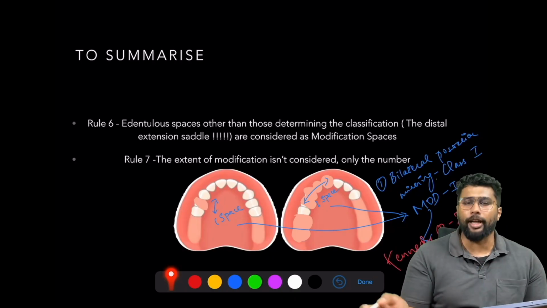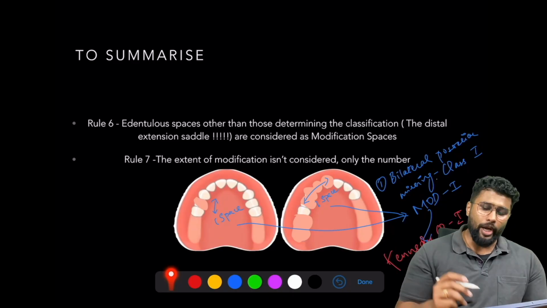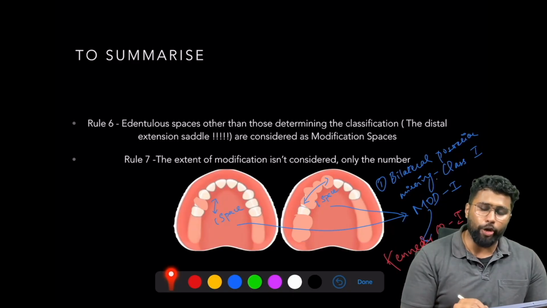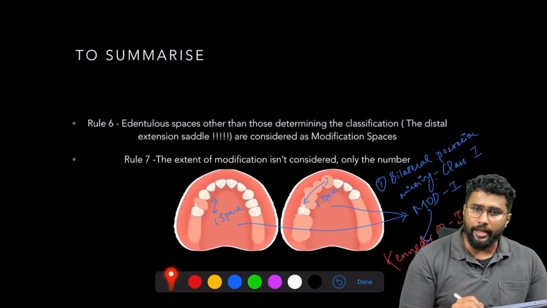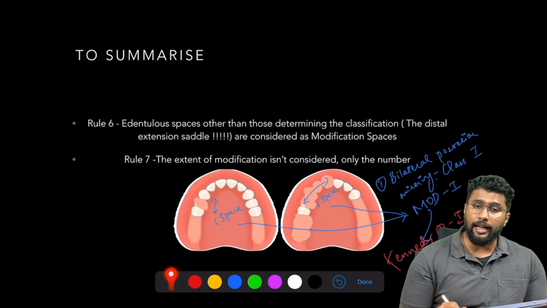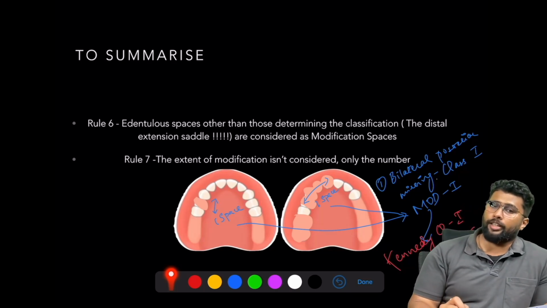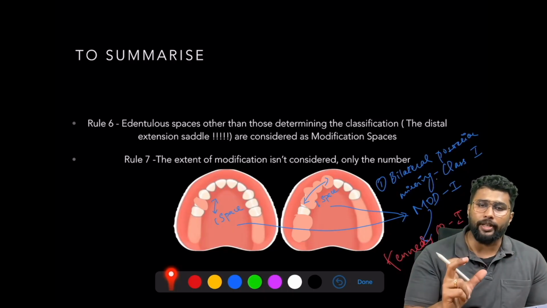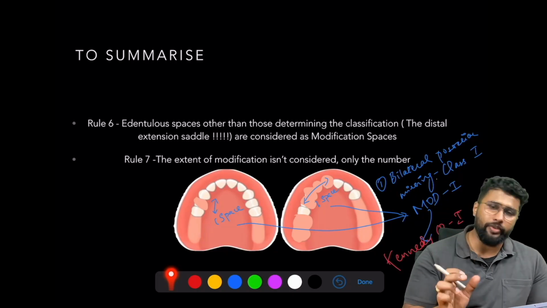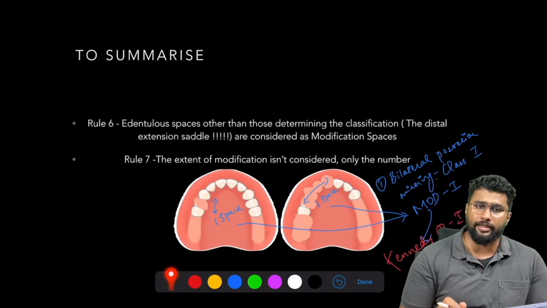It doesn't matter how many teeth I'm replacing, right? So I will simply consider that this is going to be 1 modification space. So both this case and this case will be considered as a Kennedy's class 1 modification 1, right? I do not bother about the number of teeth that are missing, only about the span of edentulous areas, only about the number of edentulous spaces.